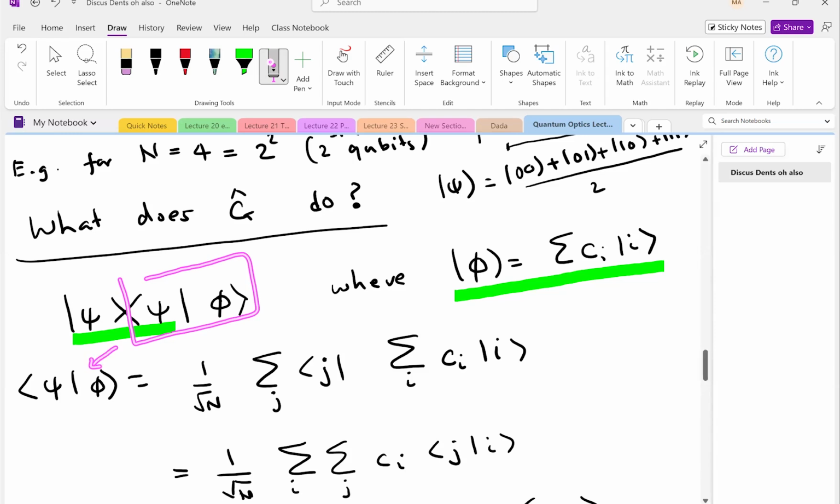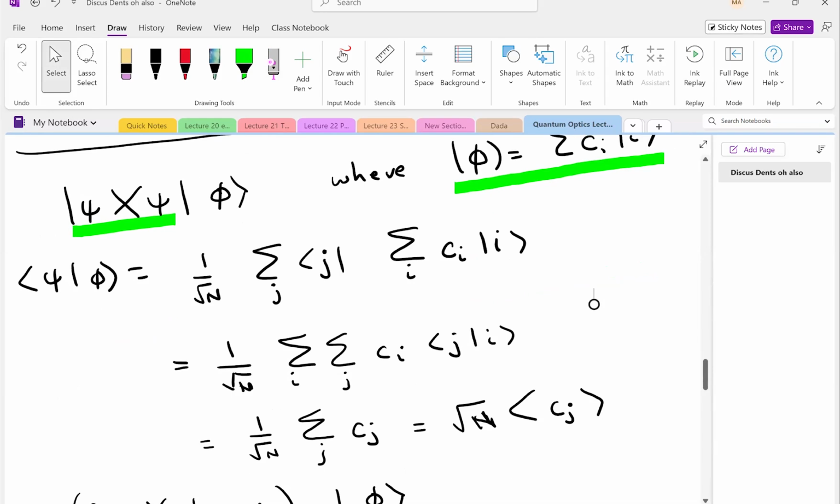This is my ket phi, and this is my bra psi, it's a superposition. So I take out the summation signs, preserve the amplitudes, and this is a Kronecker delta function, delta ij, which is non-zero only when i equals j.